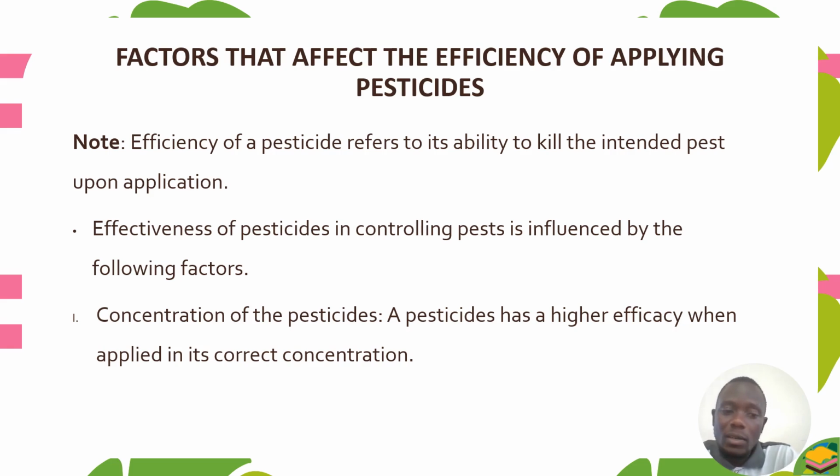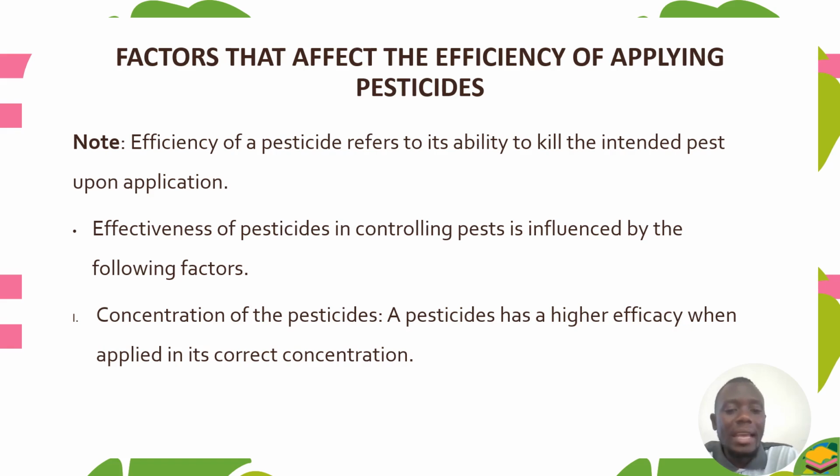The first one is concentration of the pesticides. Concentration will affect the efficiency of pesticides to kill the pest. A pesticide has a higher efficiency when applied in its correct concentration. When you buy the pesticides, you see it is written how you can apply that pesticide and the concentration is there.